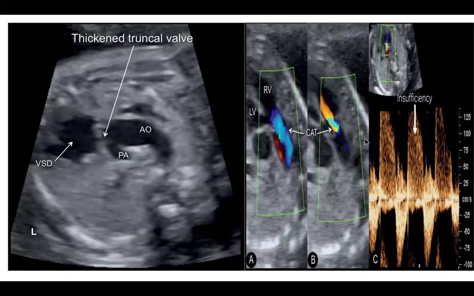So when we add the pulse wave, notice there is the insufficiency seen, because remember that truncal valve is not functionally normal, and so it's thick. It's almost like stenotic in a case, and so that's where we have that insufficiency.